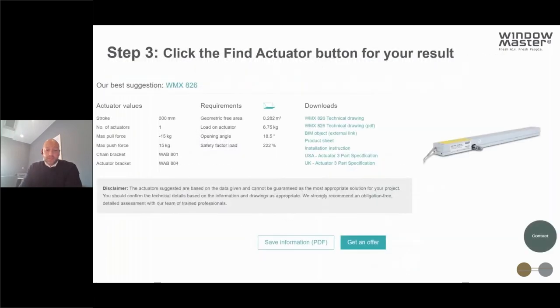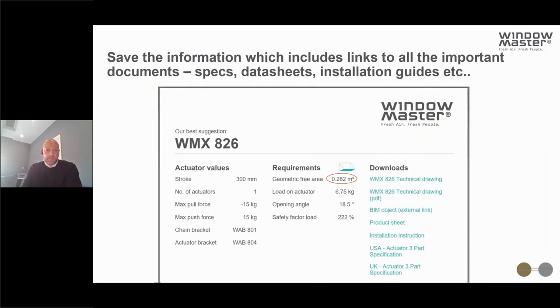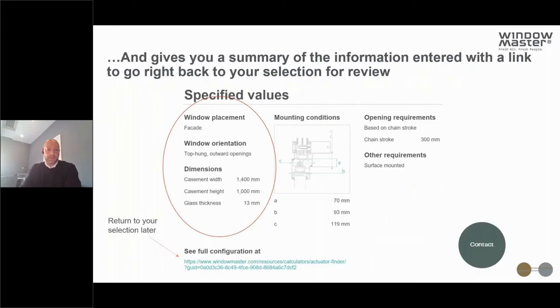If you click on the Save Information PDF, then it gives you a really useful PDF output of that selection. It summarizes the actuator that you've got, the stroke of it, the geometric free area, and then it's got live links toward the technical drawings, data sheets, installation instructions, and specifications as well. So it's a really nice, user-friendly process, very quick way of getting to an actuator selection.